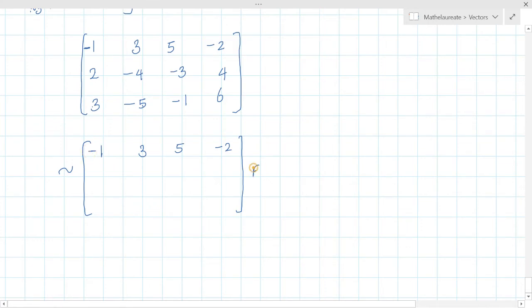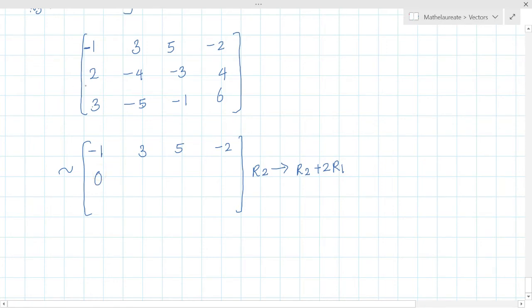In R2, we have 2. So multiply the first row by 2 and just add. The relation is new R2 is R2 plus 2 times R1. Since there is already a negative sign, you should not subtract, you can add to make it 0.